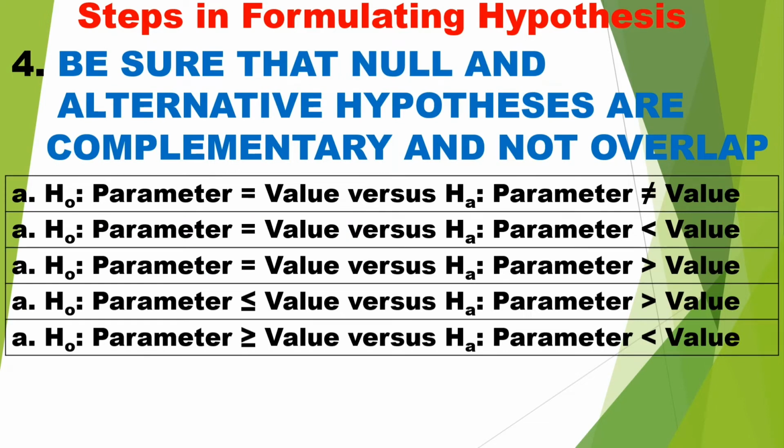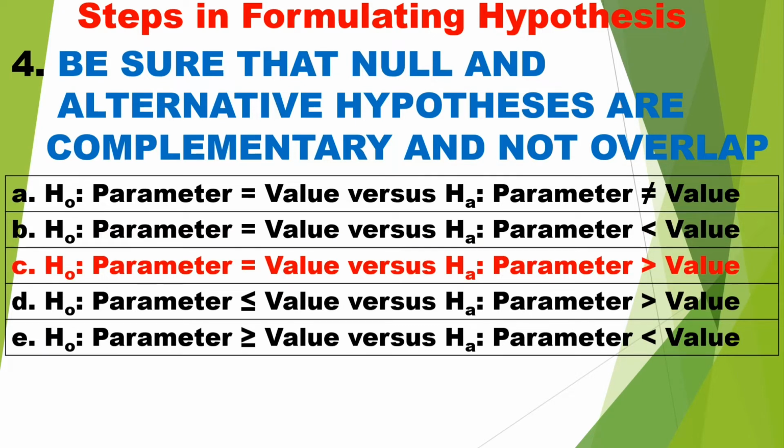Number 4, be sure that null and alternative hypotheses are complementary and do not overlap. Letter A, H sub O, the parameter is equal to value versus H sub A, the parameter is not equal to value. Letter B, H sub O, the parameter is equal to value versus H sub A, the parameter is less than value.